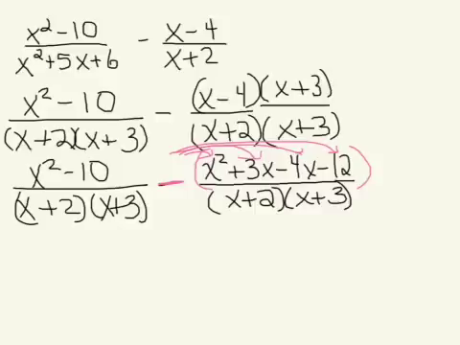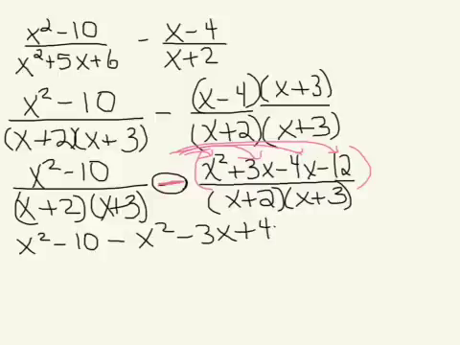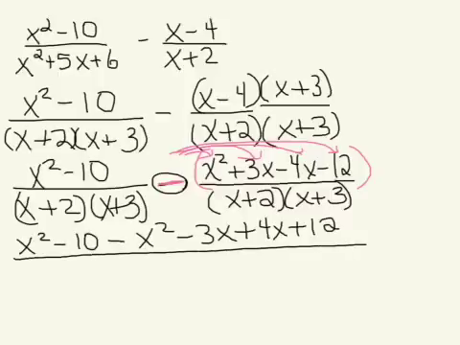What we're really talking about is x squared minus 10, and then I'm distributing this pink minus sign now. So it'll be minus x squared minus 3x plus 4x and plus 12, because when you have a negative, it distributes.